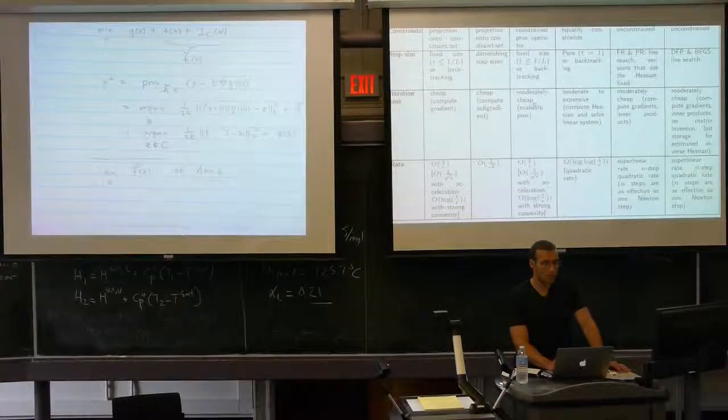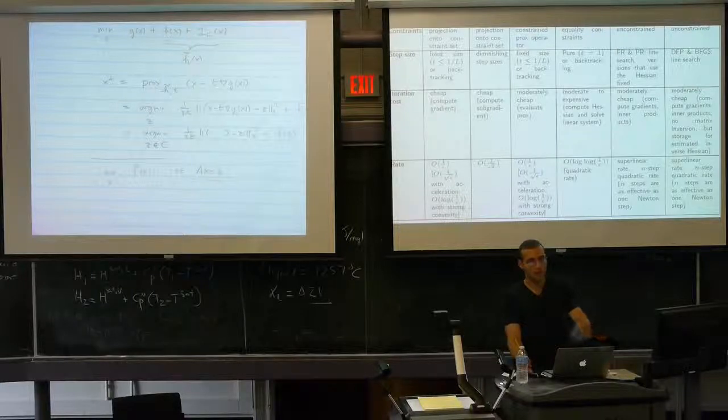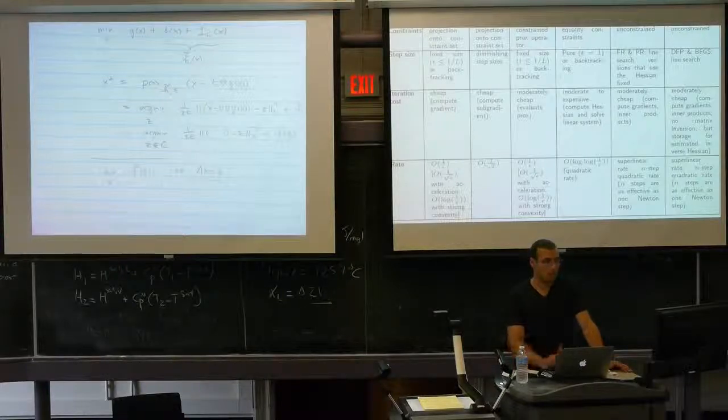So I put moderately cheap because, depending on what the prox operator is, that could be cheap or it could be kind of expensive. The expensive example we had was when the h part was the nuclear norm. So the prox operator required computing an SVD. But there are cheap proxies as well, like for the L1 norm.